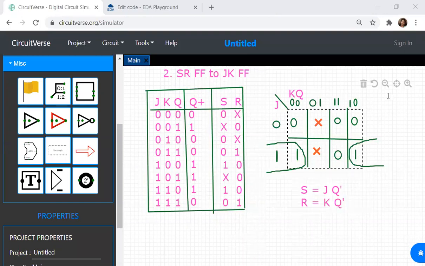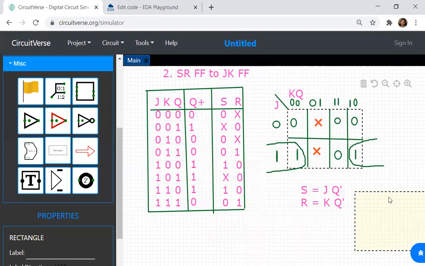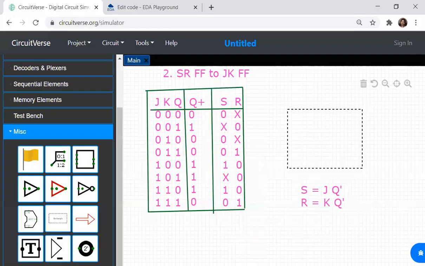Now we have to show the conversion logic diagram. So let me go to the conversion logic diagram. Now I have an SR flip-flop.